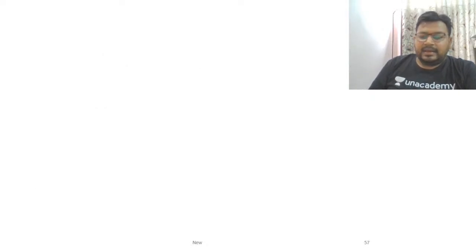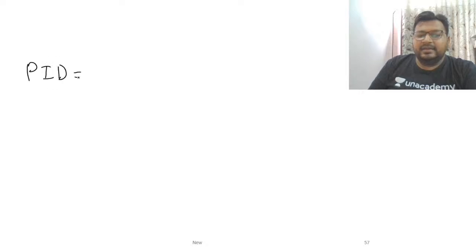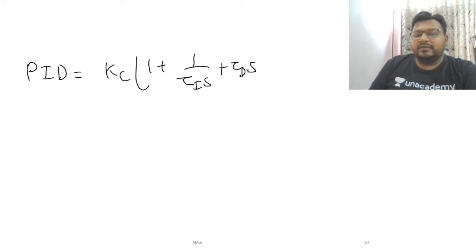Okay. And one of you is asking, Arun, that what about the D action? Sure. So when you add the D action, the transfer function will be Kc into 1 plus 1 upon tau i s plus tau d s. So this is the D action, guys.